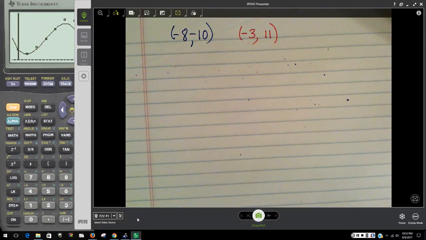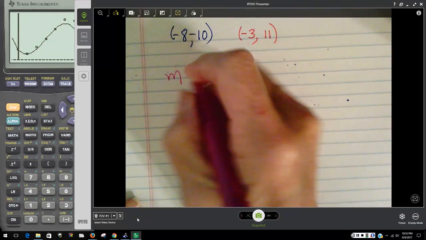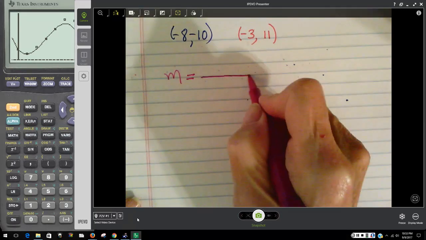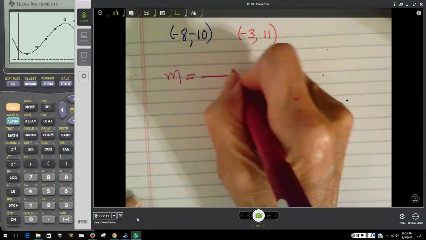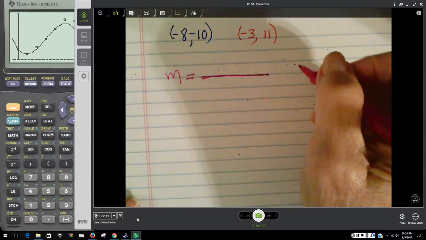So with those 2 points, I want to remind you that your slope is what we call a difference quotient. It is a quotient because it's a fraction or a division problem.